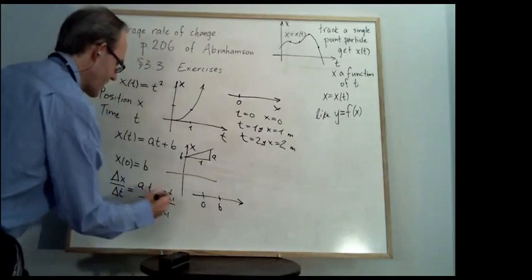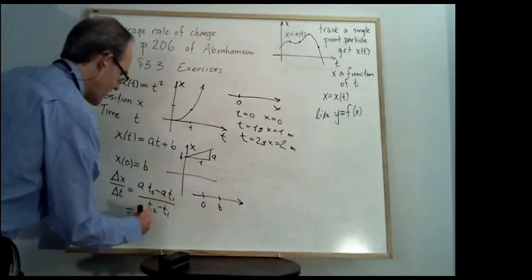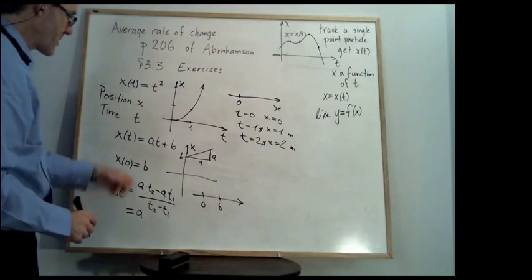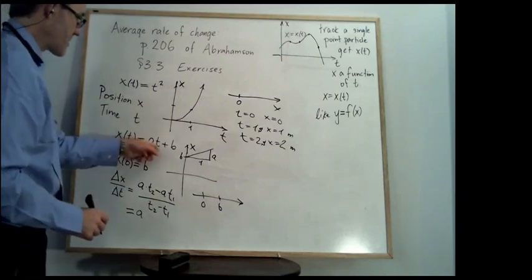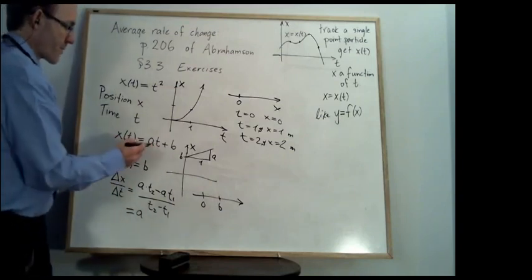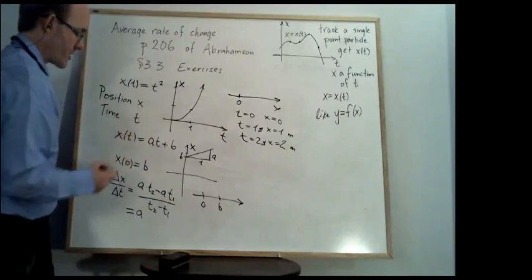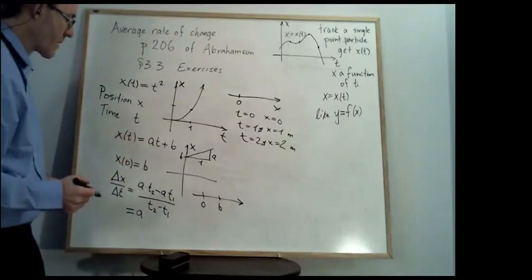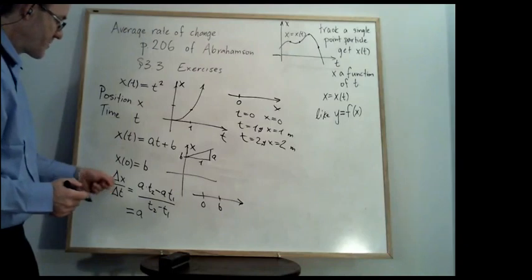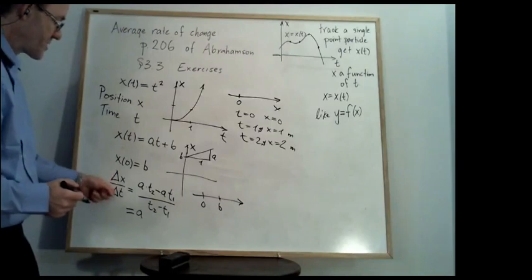And this factors out the A, you can factor out the A and just get A. So that's as usual as before. It's the slope of this line where x is a function of t. But what is the rate of change of position versus time? That's called the velocity.